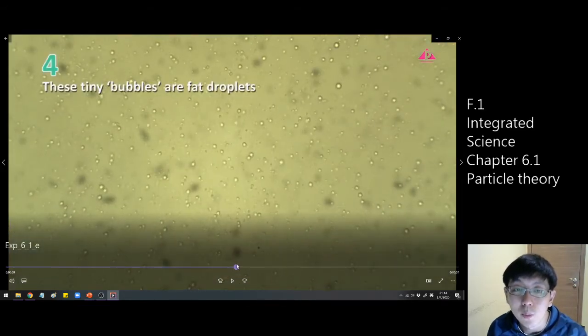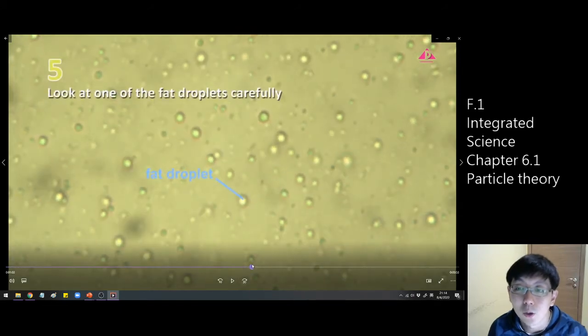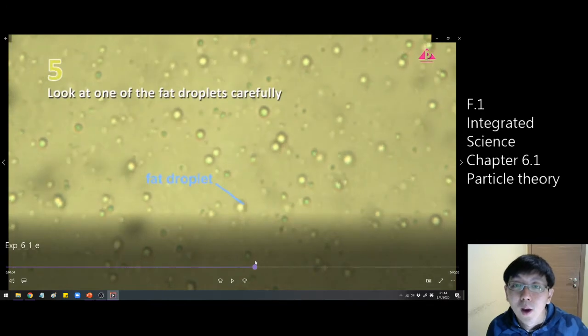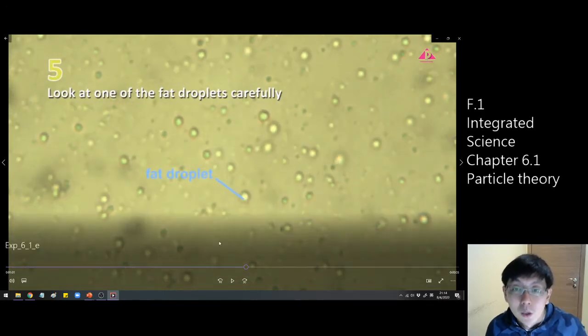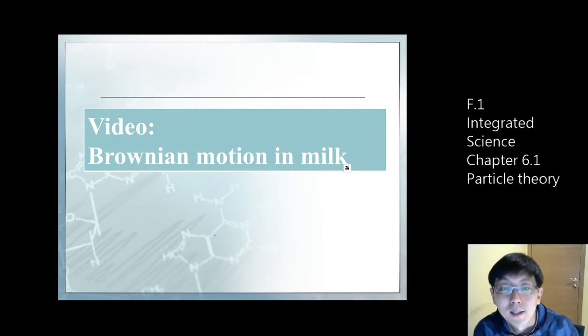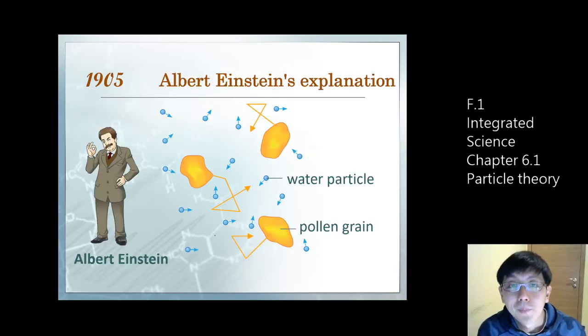If you use some water inside and dilute it，攞啲水稀釋咗之後 ，the fat droplets are still dancing in the random movement. So this is very surprising. Robert Brown 當時都唔知發生咩事。Later on, Albert Einstein, a Greek scientist, 愛因斯坦 he proposed the explanation here.